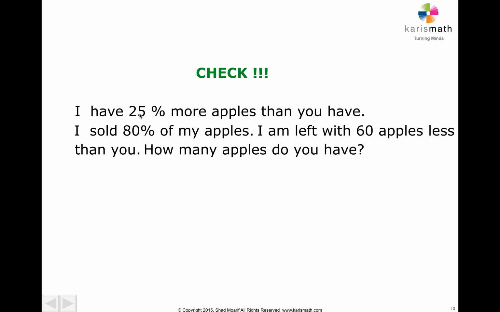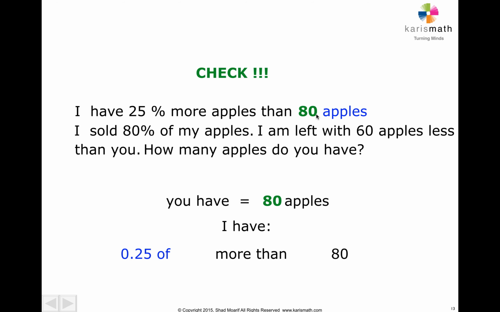And you can check. I have 25% more apples than you have, and I sold 80%. If you have 80 apples, that means I have 25% more than 80, and 25% of 80 is 20. Add 20, and I must have had 100 apples.